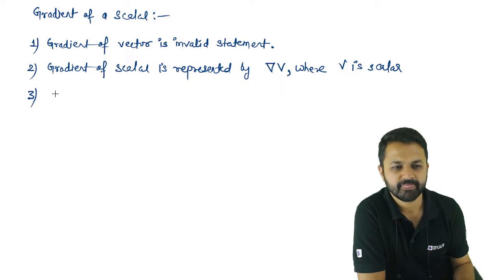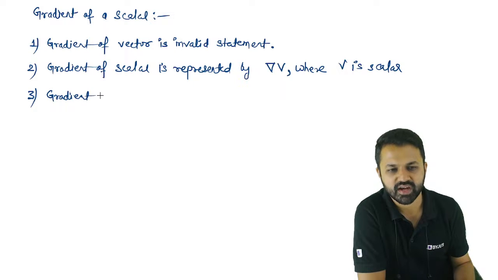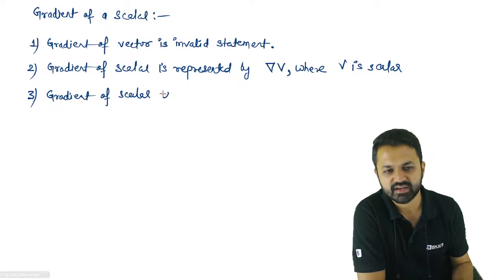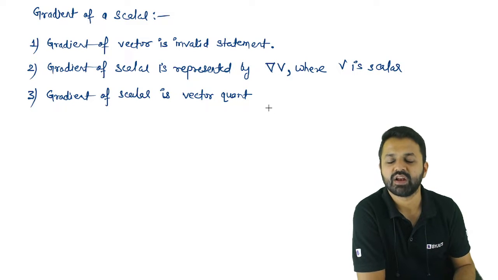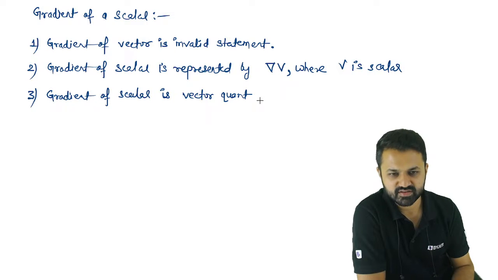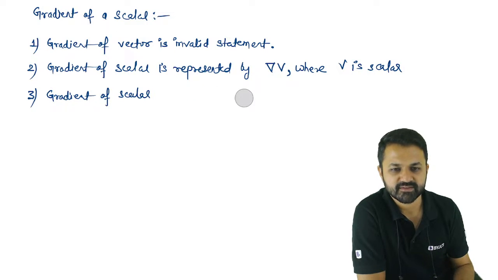The third point: whenever you calculate the gradient of a scalar, the result is a vector quantity. You should write it like this.